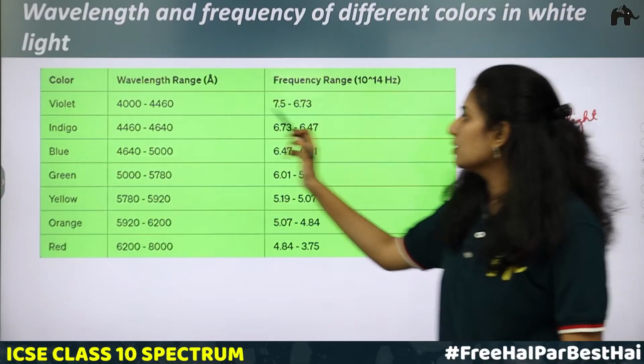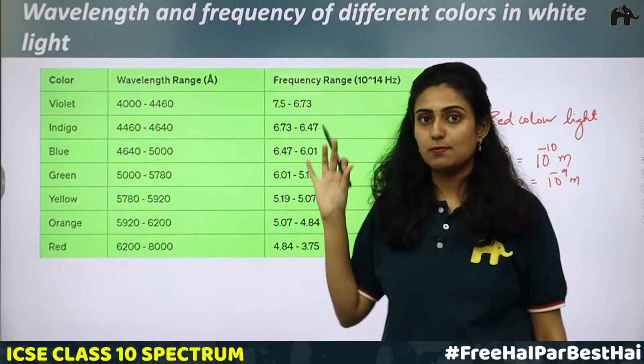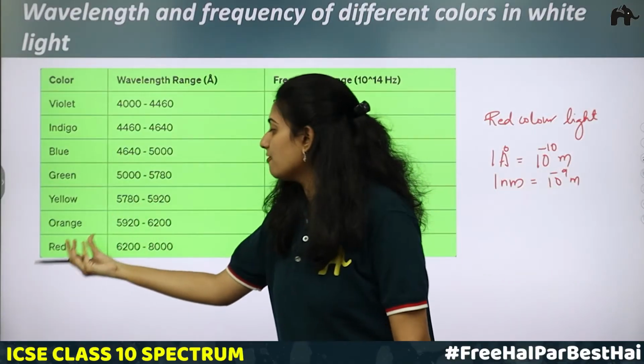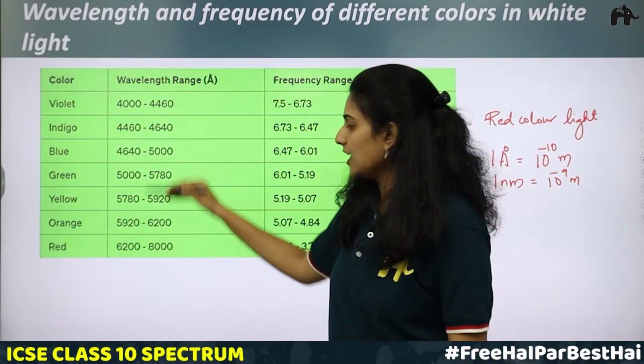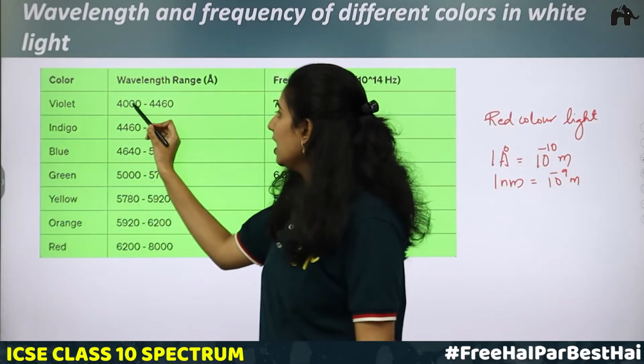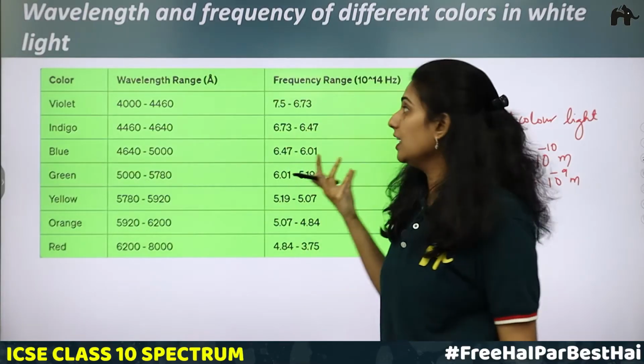Here the first is violet. We have said that the wavelength of violet light is minimum and the wavelength of red light is maximum. All the other colors are in between. The range for violet light is 4000 to 4460 angstrom. How to convert it into nanometer?